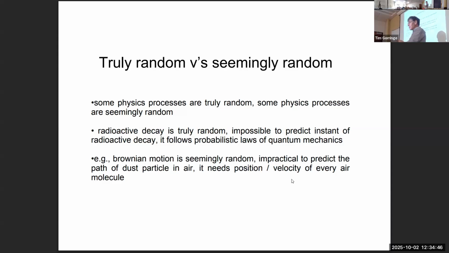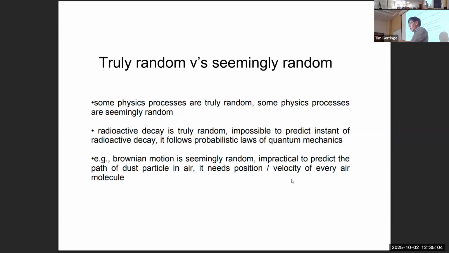On the other hand, Brownian motion. Brownian motion is, for example, the motion of a pollen grain in air, or a smoke particle in air, or a dust particle in air. That's a seemingly random process.